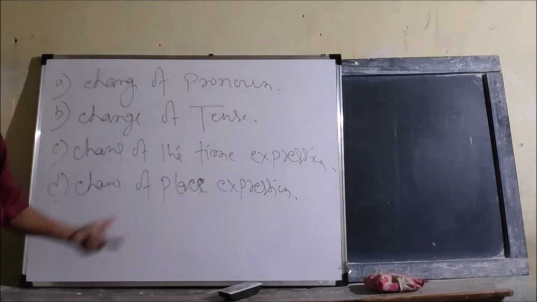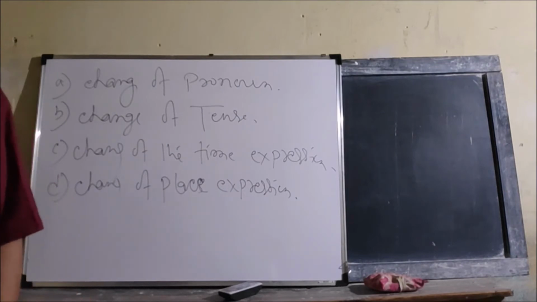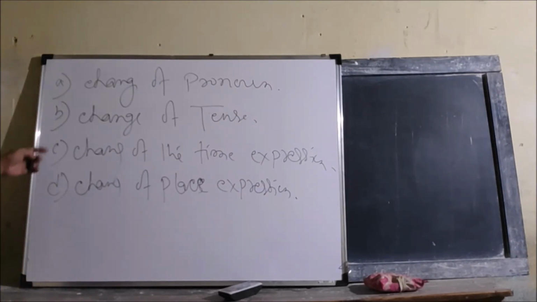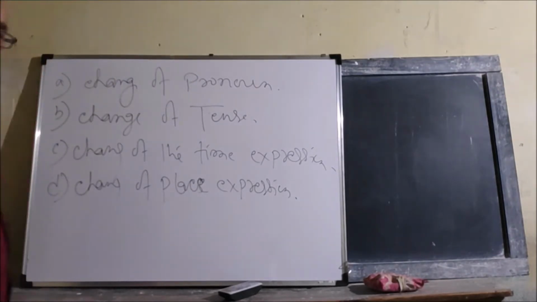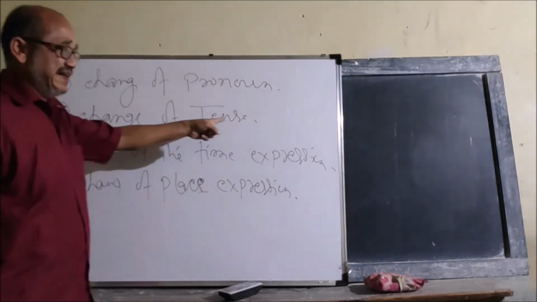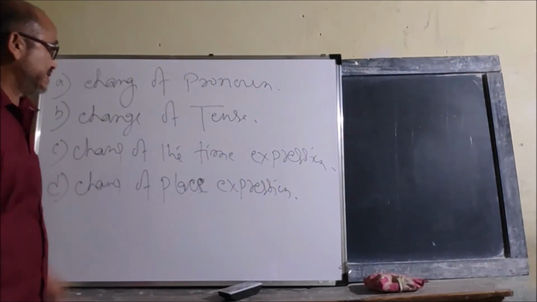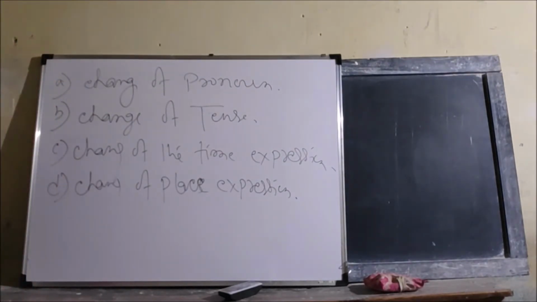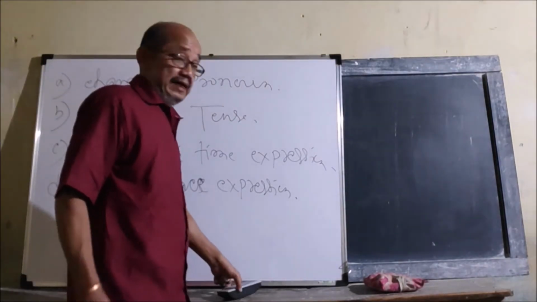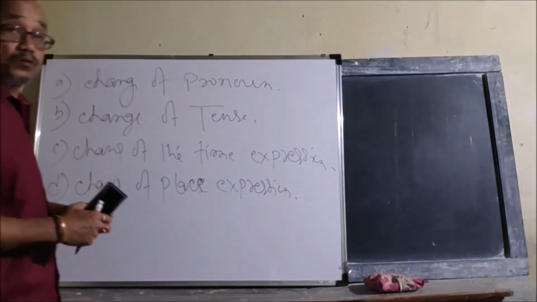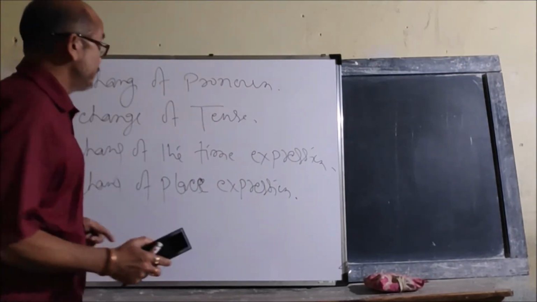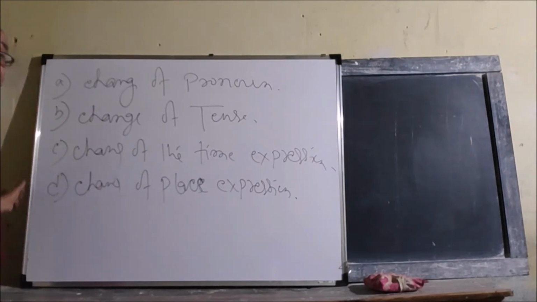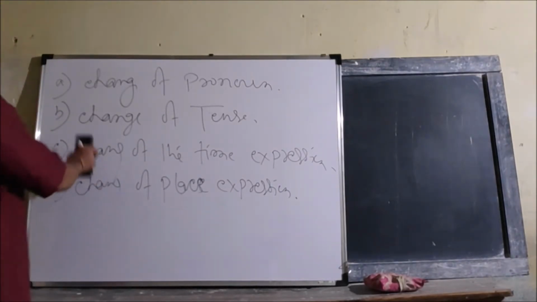Without changing these four points, there will be no narration. Number 1, change of pronoun. Number 2, change of tense. Then change of the time expression and change of the place expression. These are the essential points we have to follow to convert direct narration into indirect narration.